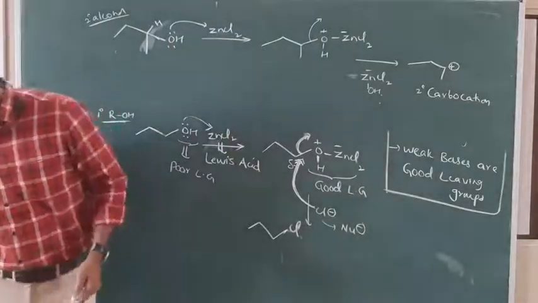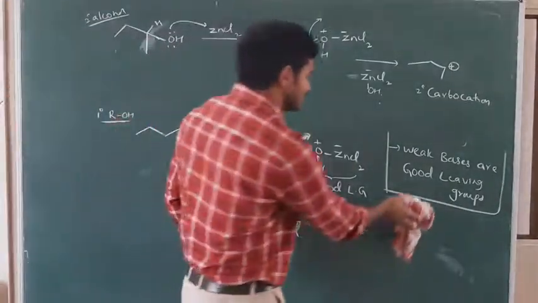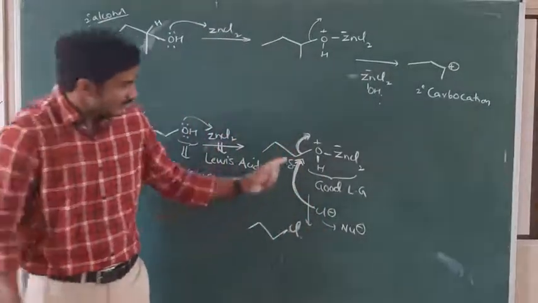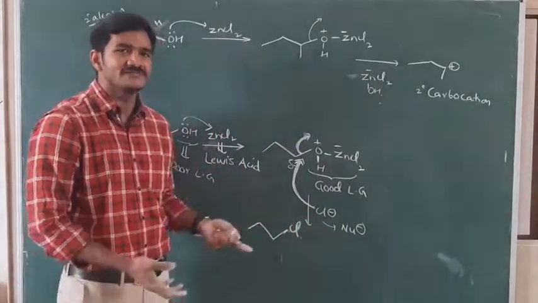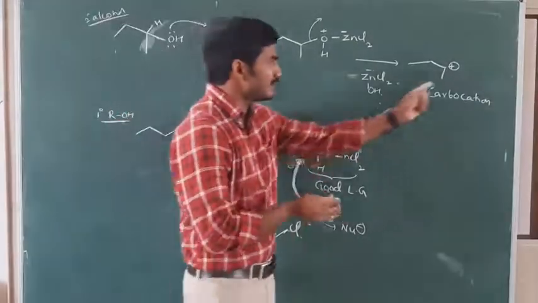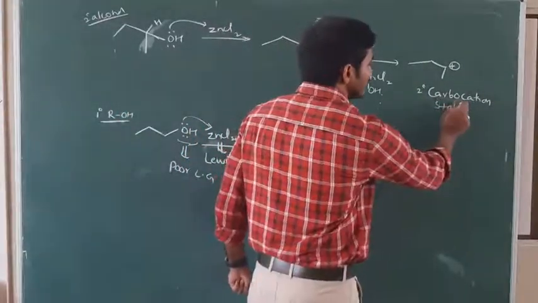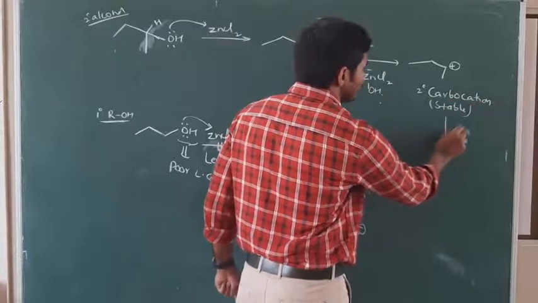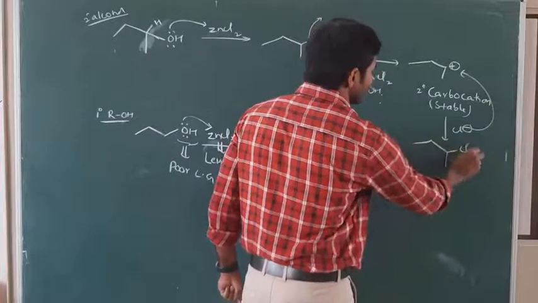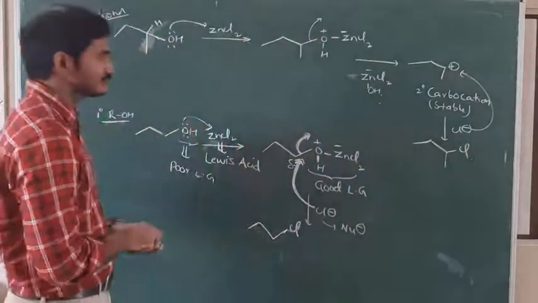You can see in the first reaction we don't get any carbocation, because in the primary alcohol, the primary carbocation is very unstable, so it cannot form. But here the secondary carbocation is stable. Yes or no? That's why it can form, and after Cl minus attacks here, it can form the secondary chloroalkane.